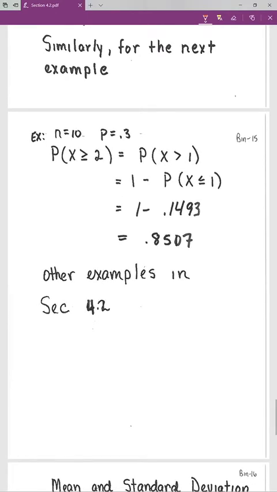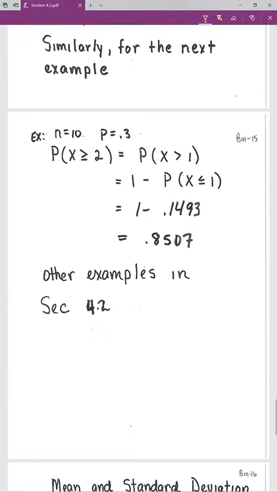So similarly, for our next example, we can still use that idea of the complementary. If we let our sample size equal 10 and our probability of success be 0.3, and we are trying to find the probability of x greater than 2, we know that's the same thing as asking for our discrete cases the probability of x greater than 1, which by the complement rule is 1 minus the probability of x less than or equal to 1.